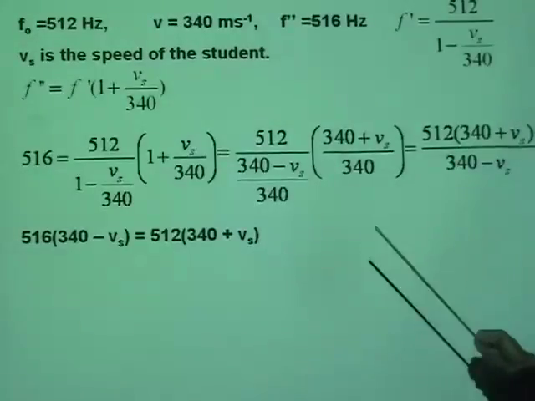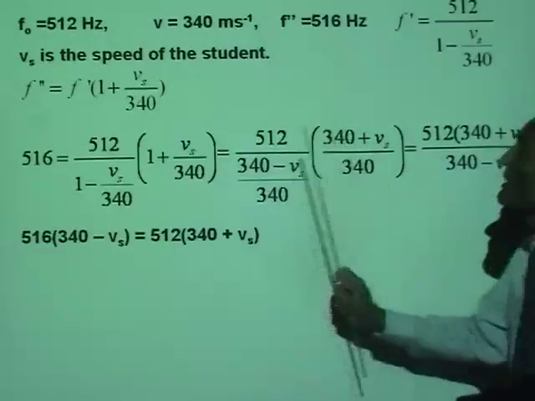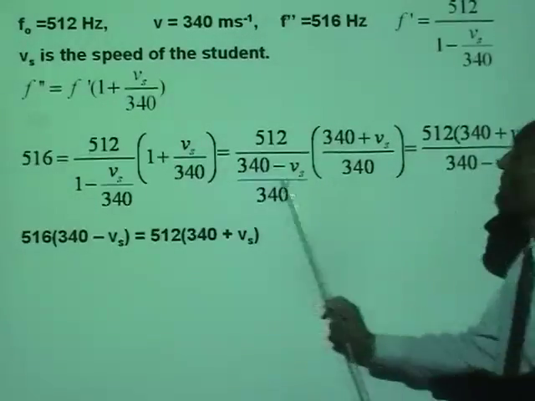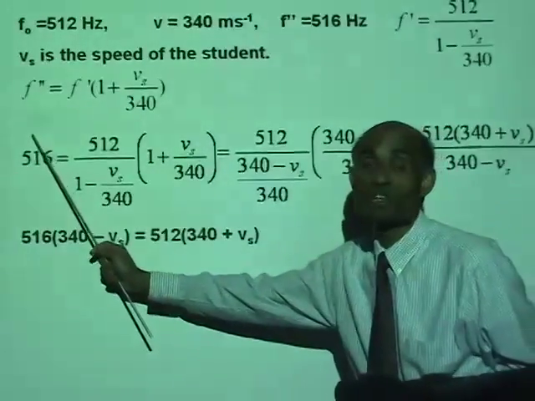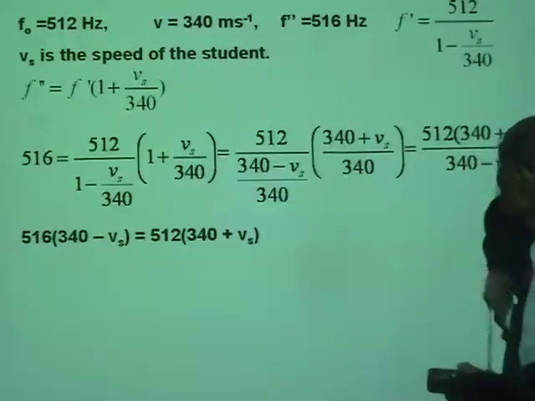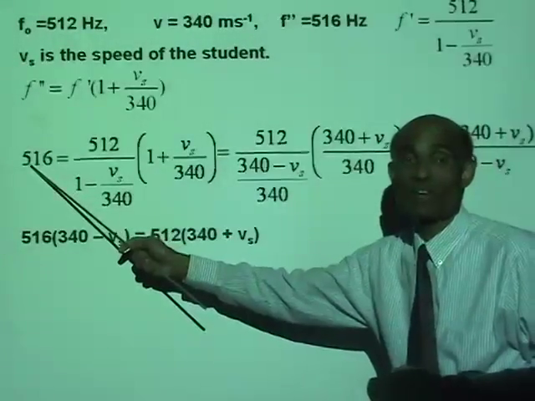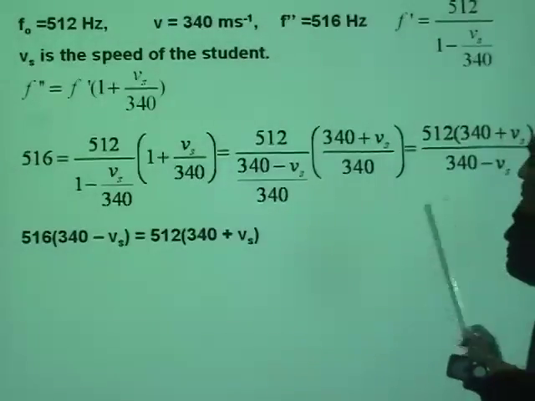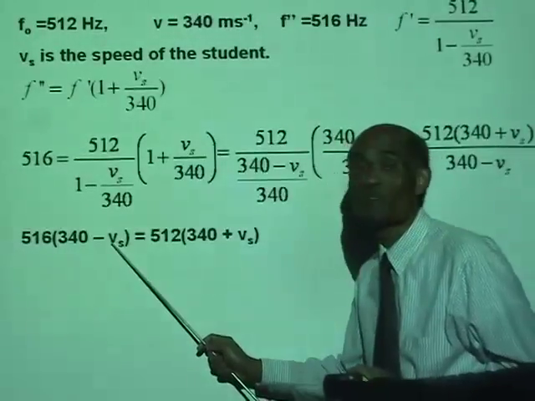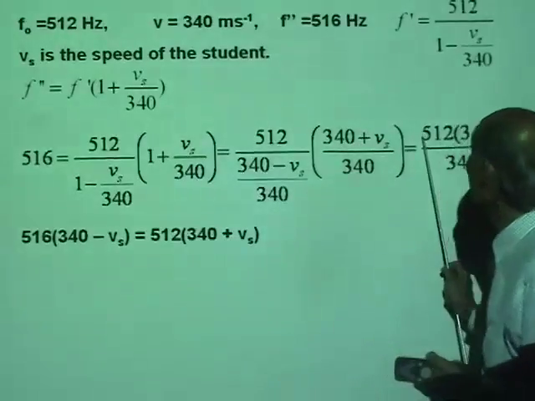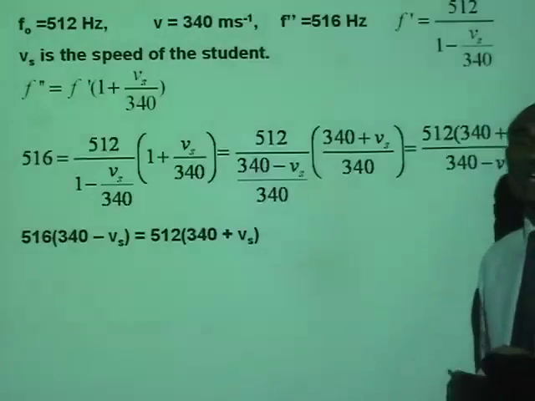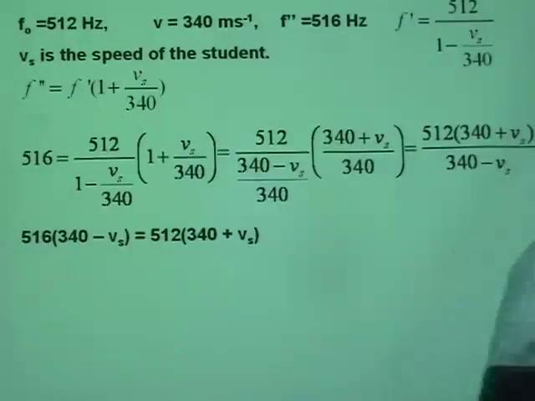Okay, now what I'm going to do is cross multiply. This denominator is multiplied by the numerator. You see, this quantity is equal to 516. So 516 multiplied by 340 minus Vs equals 512 times 340 plus Vs. Do you understand that? Let me just write that step for you.